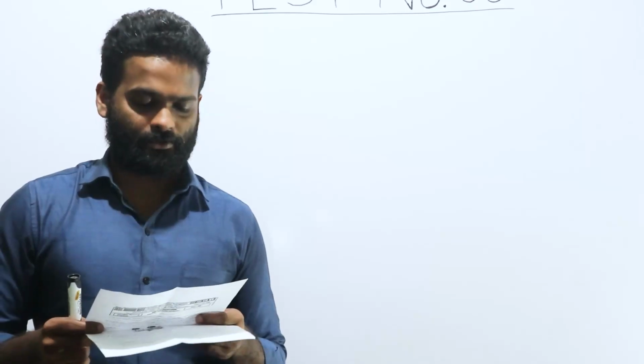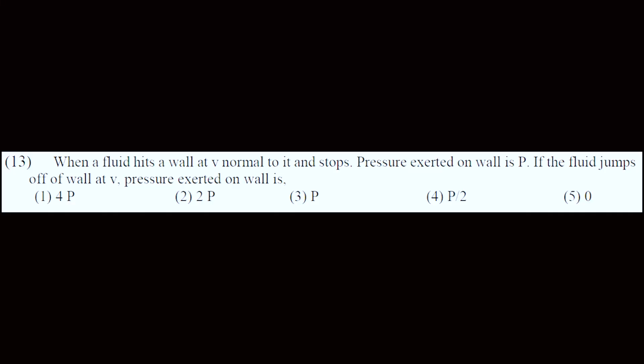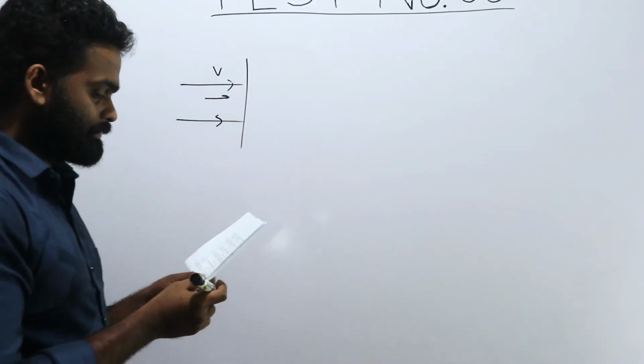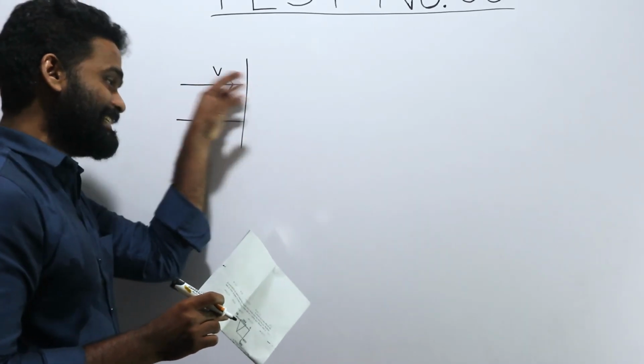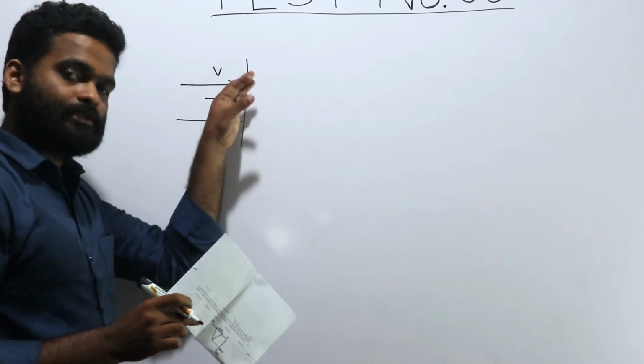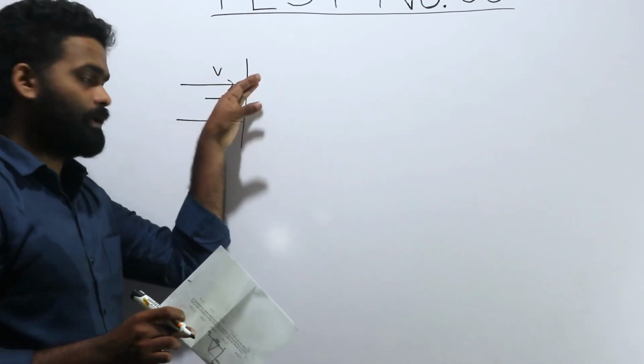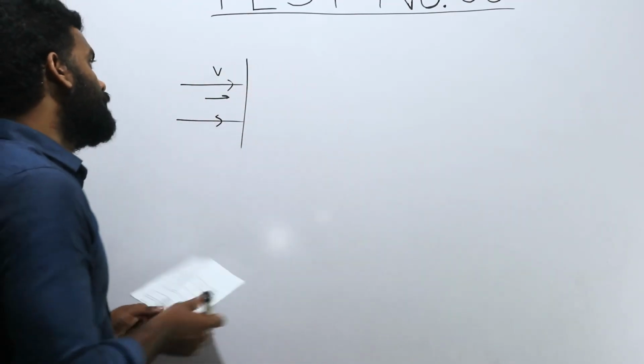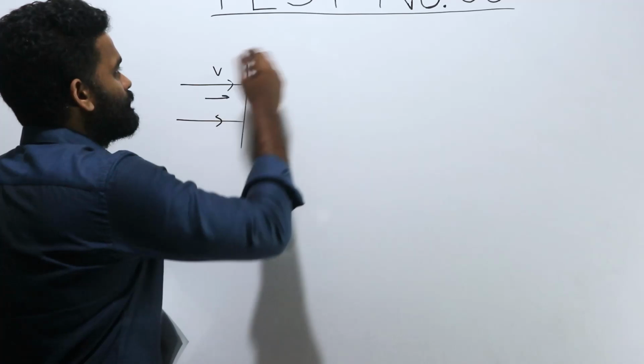Question 13. When a fluid hits the wall at speed V and it stops. So let's say the speed of the fluid is V, and it is incident on this wall. This causes a pressure to be applied on the wall.